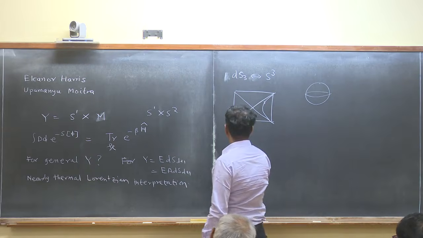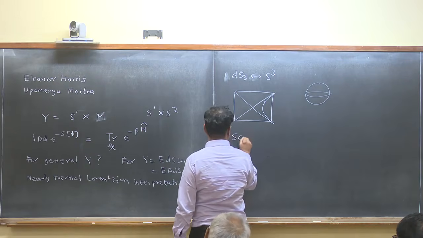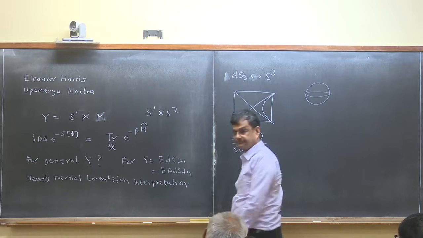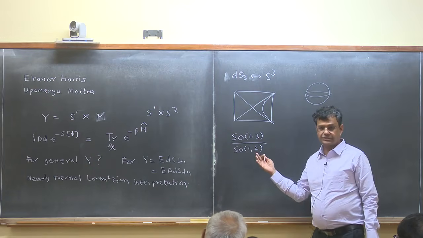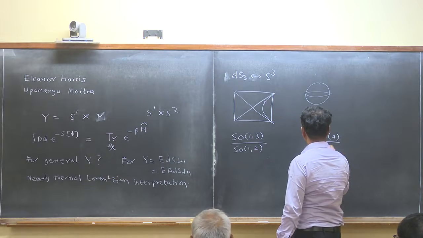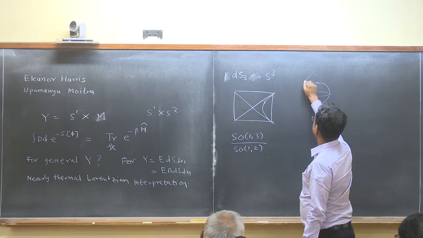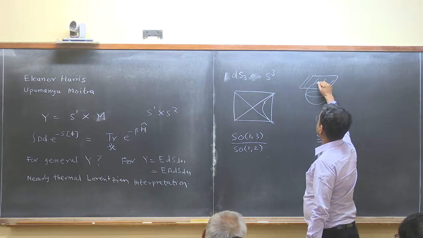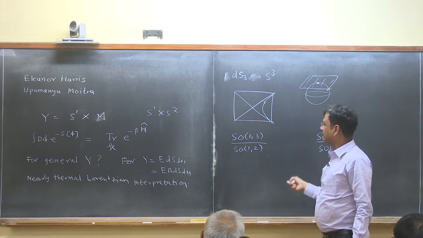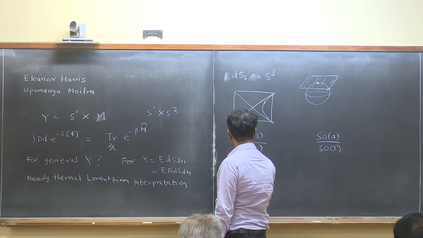So dS3, let's consider very concretely dS3, right? The dS3 symmetry you can think of as SO(1,3) mod SO(1,2). Right, you can think of it as a coset space. S3 you can think of as SO(4) mod SO(3), right? And what this means is that the isotropy group, which leaves the point fixed, which is the thing that acts on the tangent space, is SO(3). Here it is SO(1,2), right? And the generator, let's call it L0.